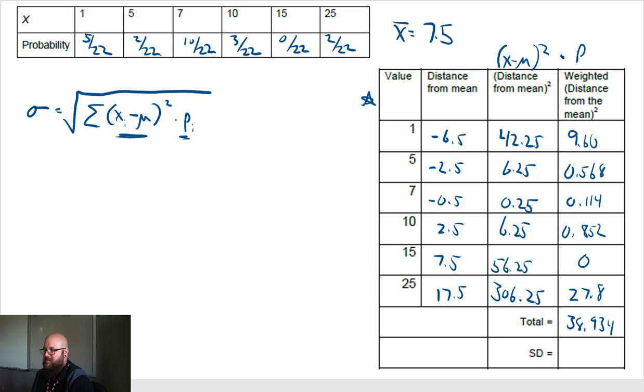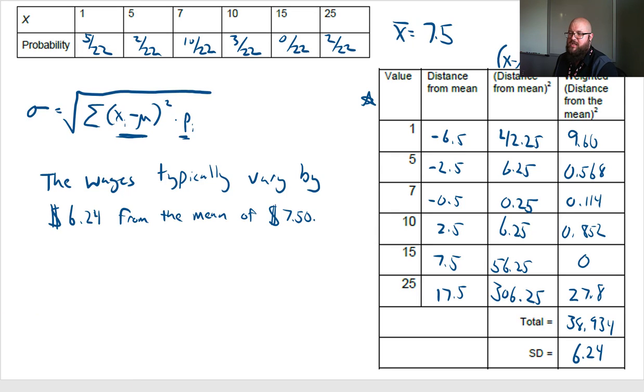So we just take the square root, and you should get 6.24. So what's that telling us? That's telling us the wages typically vary by $6.24 from the mean of $7.50.